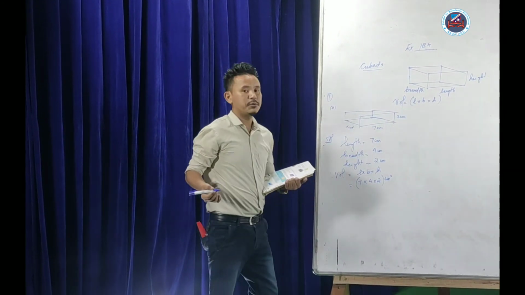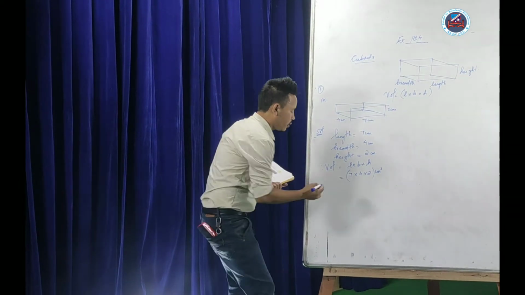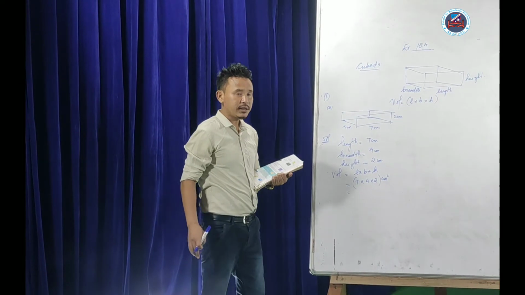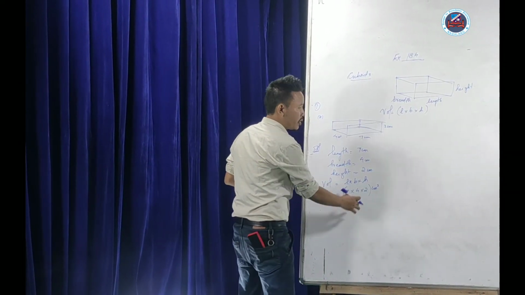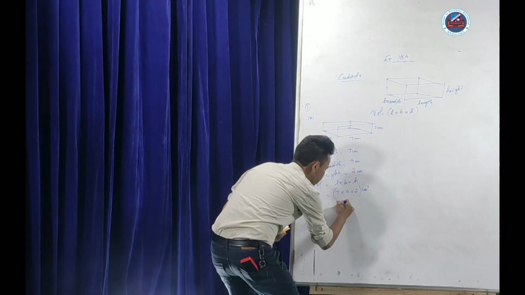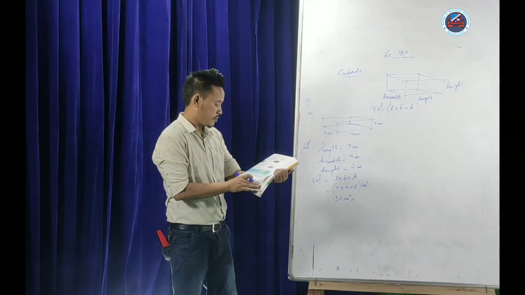Remember, volume will always be in cubic units, whereas area will be in square units, right? So when you calculate it, 7 into 4 is 28. 28 into 2 gives us how much? 56. That is, the volume of this particular cuboid is 56 centimeter cube.